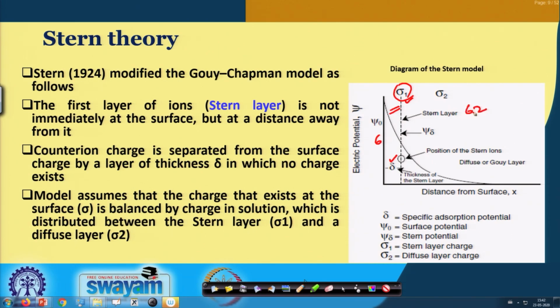So we can see the total surface charge can be balanced by the summation of sigma 1 and sigma 2, where sigma 1 is the charge at the Stern layer and sigma 2 is the charge at the diffuse Gouy layer.